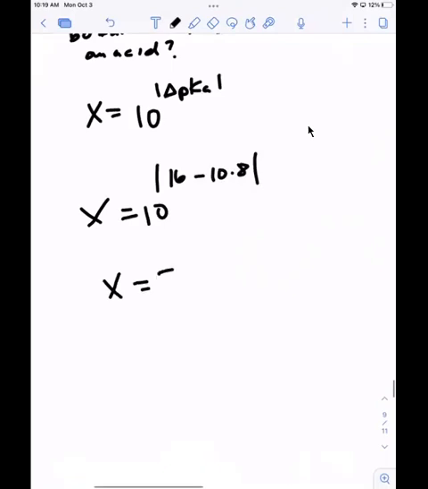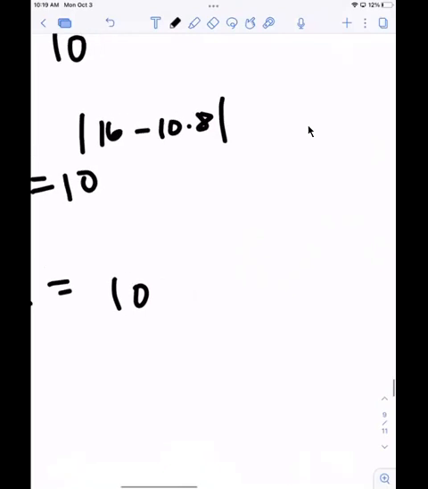So X is 10 raised to the 5.2. Can somebody calculate that? What is that number? It's huge, isn't it? Is that 100,000 or 10,000? Anybody got it yet?